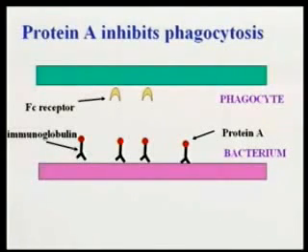You may see other possibilities elsewhere. The big deal is that Staphylococcus aureus produces protein A, it binds to the Fc portion of immunoglobulin, and it stops the binding of immunoglobulin to Fc receptors of phagocytes, inhibiting phagocytosis. That's very clear, very well known, very well defined.